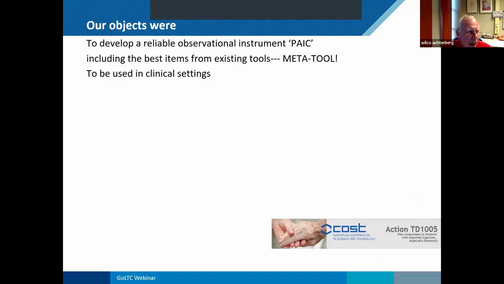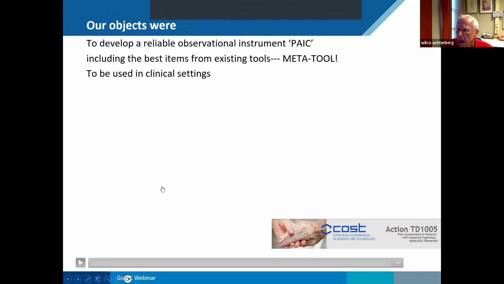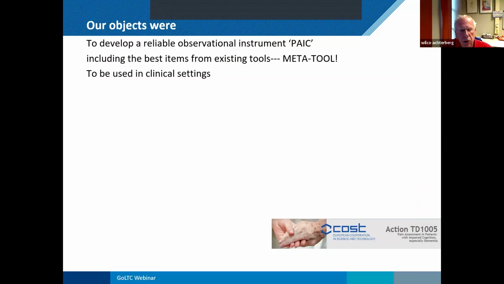And so we went together, and in 4 years, we developed an observational instrument that we call PACSLAC. It's an instrument that's used in clinical settings, but also in research.